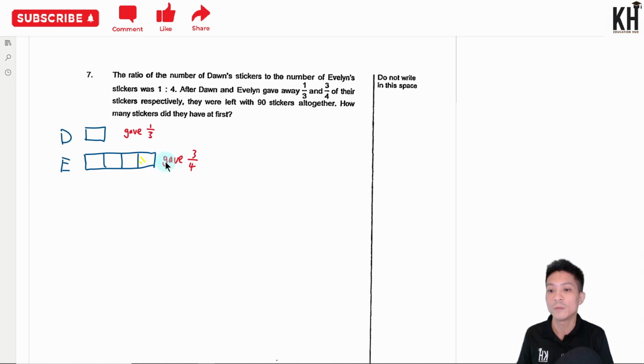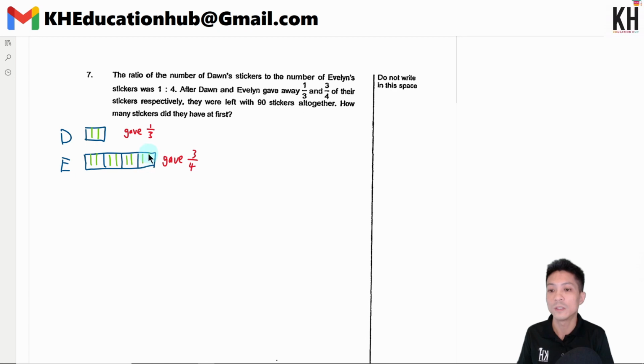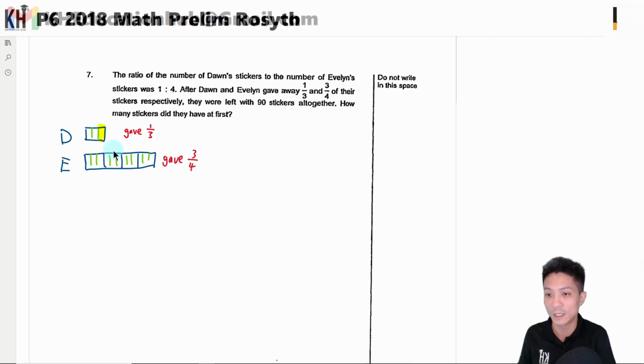But the problem is for Dawn, if you want to give away 1/3, we need to cut it up. So what I'm going to do is cut this into 3, 3, 3, 3. Okay, so Dawn will need to give away 1, which is 1 like this. Evelyn will give away 3/4, which is like that.